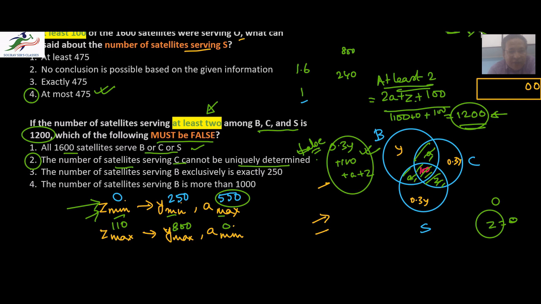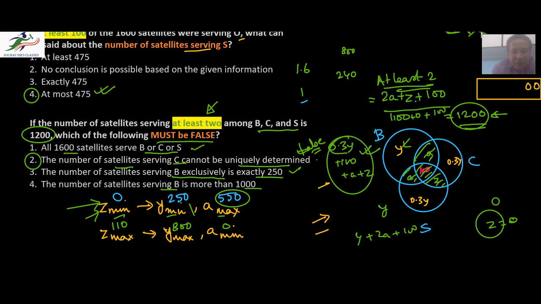The number of satellites serving B exclusively is exactly 250. B exclusively means Y. So we know the value of Y, 250, this is true. And the number of satellites serving B is more than 1000. Number of satellites serving B will be Y plus 2A plus 100.